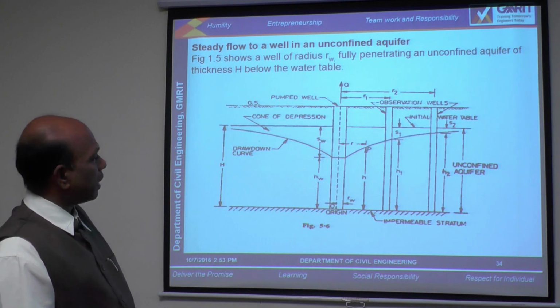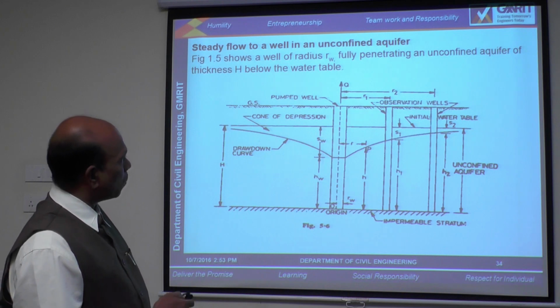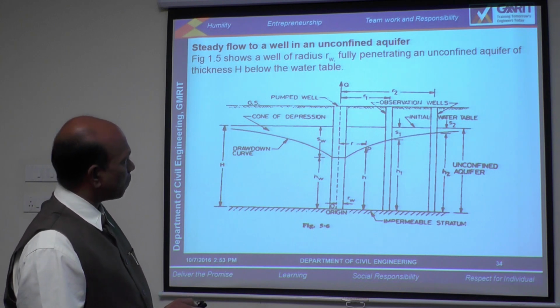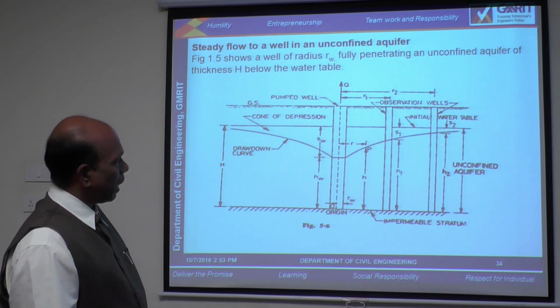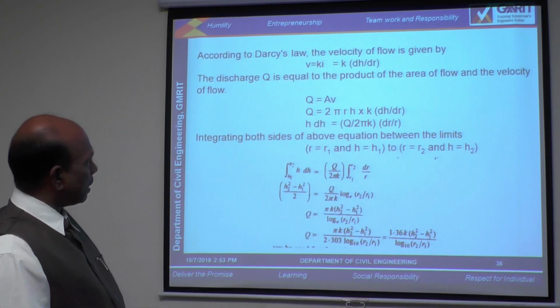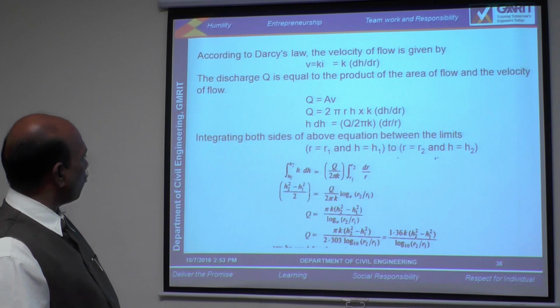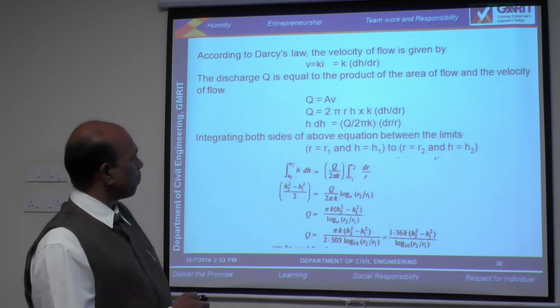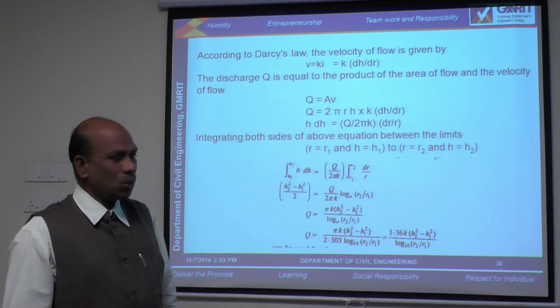Another condition is R equal to R2, the radial distance from the main well to observation well number 2. In this case H is equal to H2. These are the limits. Now we are going to integrate this equation on both sides using these limits.